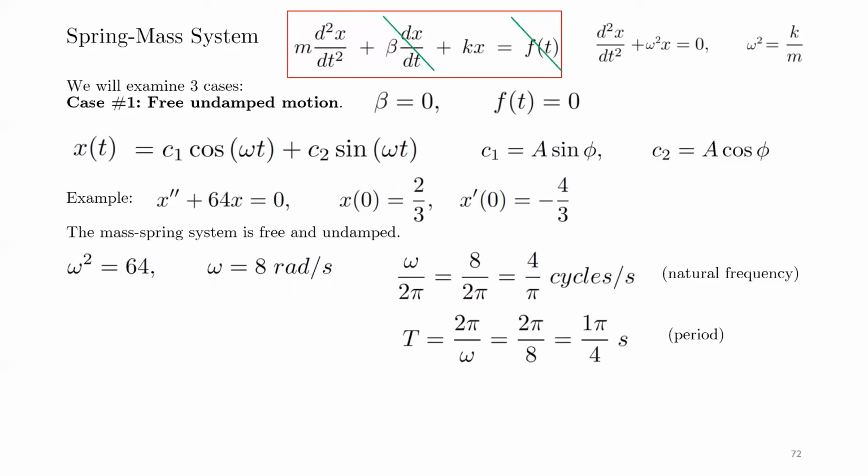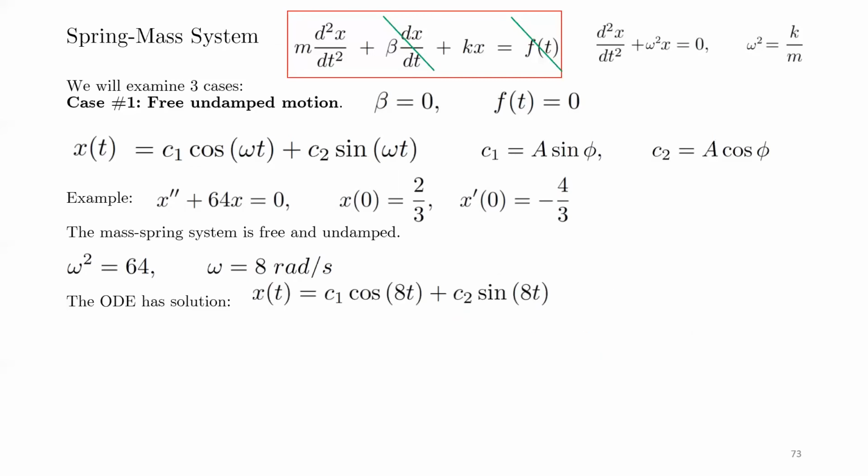You could say the natural frequency is that 8 radians per second divided by 2 pi, so 4 over pi cycles per second. And we could measure the period to be 1 divided by the natural frequency, so 2 pi divided by omega. So that is pi over 4 seconds. That pi over 4 seconds is how long it takes for this spring to complete one up-down cycle.